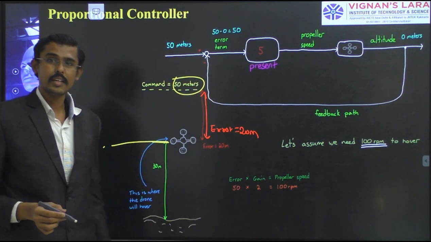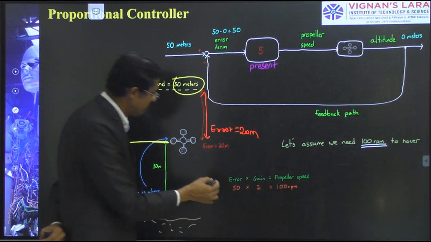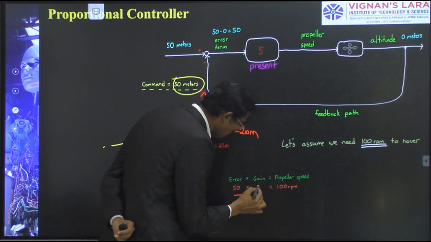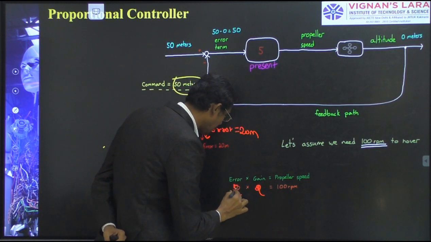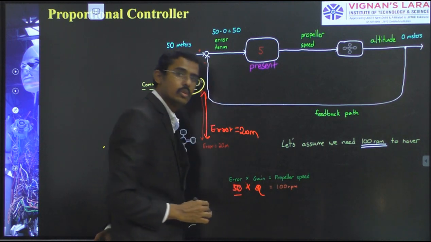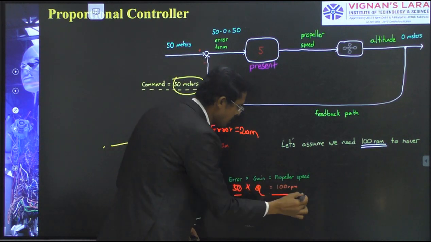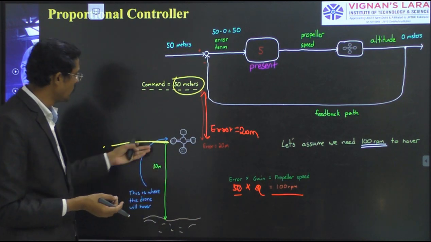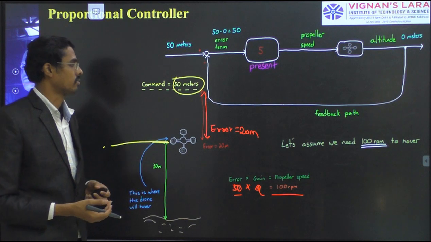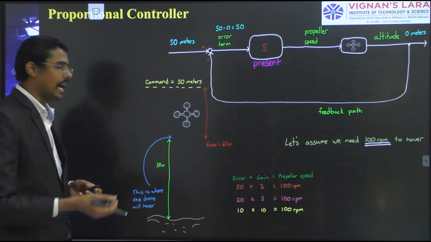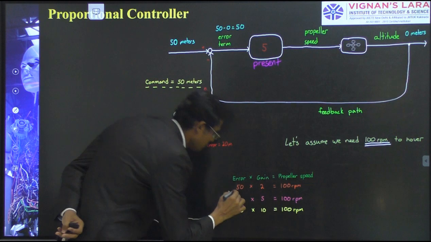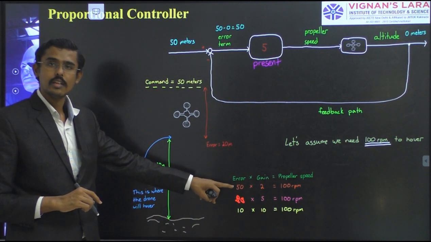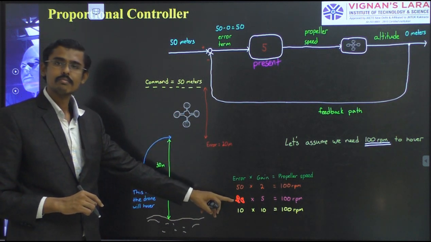So how do I calculate those things? 50 meters is to be done. I am giving a gain of 2, rotating at 100 revolutions per minute. In some stages it reaches only 30. Some error is there, and that error is now 20, because we have already crossed 30 of the 50.